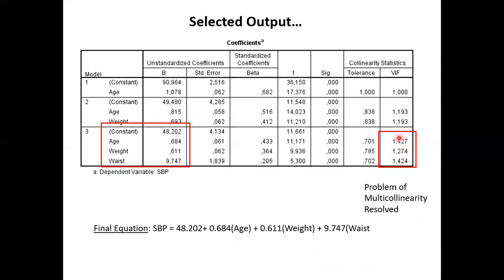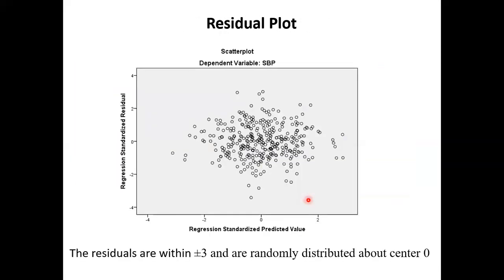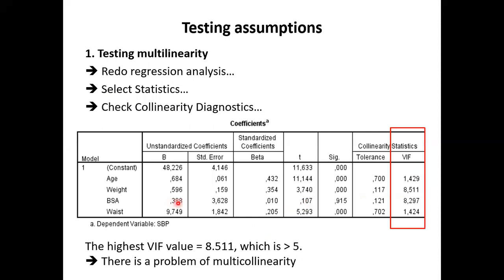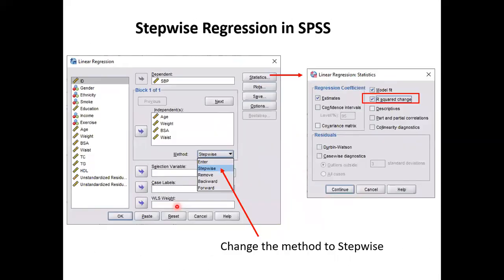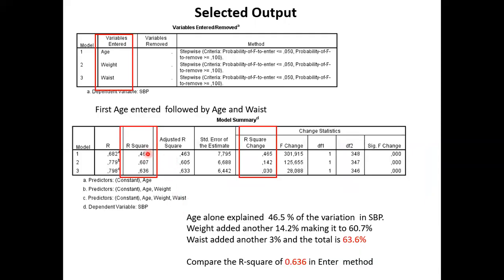So we resolved the problem of multicollinearity. Now I can write the equation. Don't go to this model and drop this value, because you see the coefficient changes.